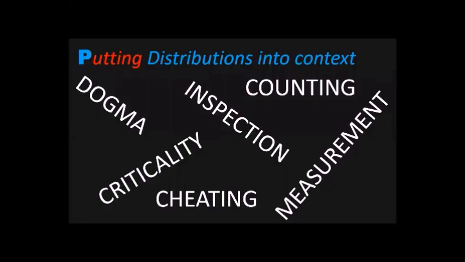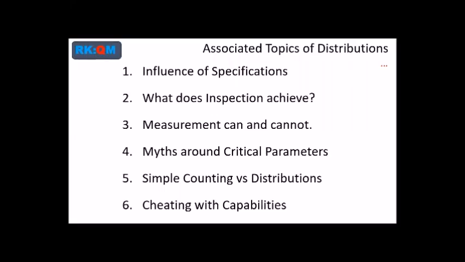Let's look at the 6 topics which I associate with the use of distributions. I shall mention these 6 topics, all associated with the management of quality in this presentation. How specifications influence our work. The purpose of inspection. What measurement can and can't do.